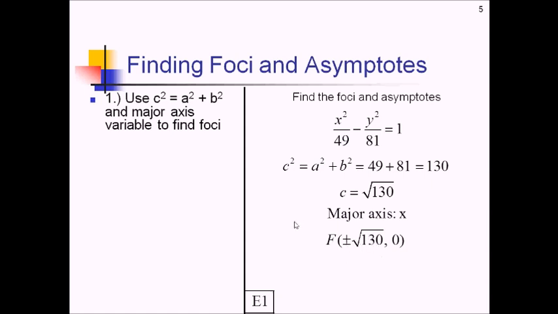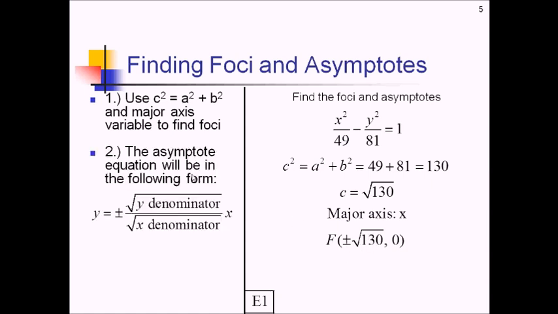How about the asymptotes? For the asymptotes, you're going to have y equals plus or minus something times x, and it's just going to be the a or b value depending on what your major axis is. So for this one, since we have major axis x, since the y values come second here, this is your vertical. This is going to be on the top of your fraction.